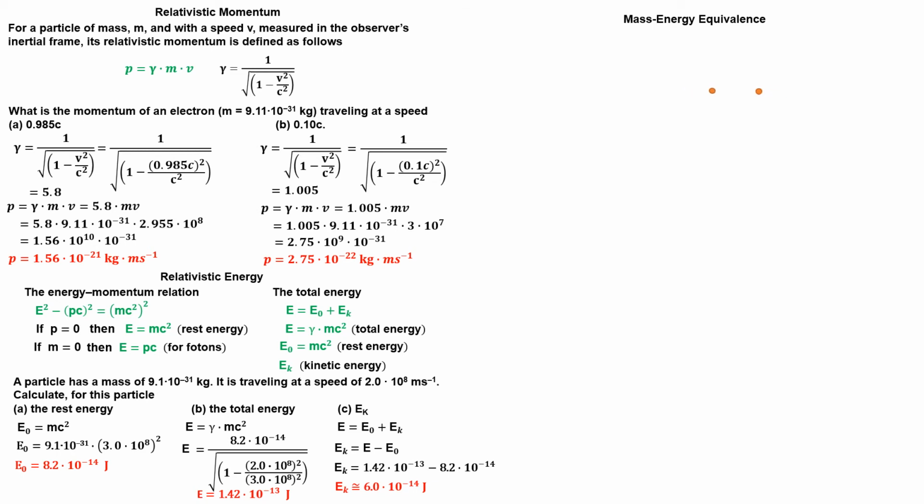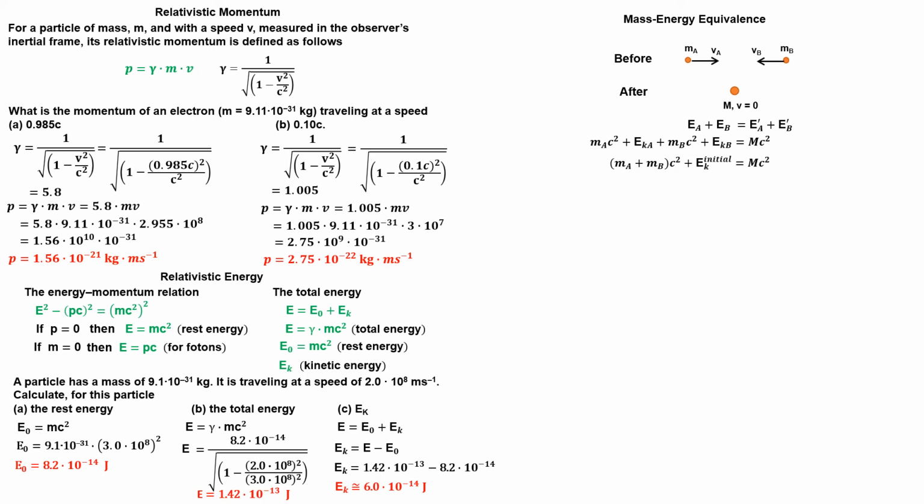They slam together in a perfectly inelastic collision to form one large particle at rest. Let's apply the conservation of energy. Rearranging the terms, we can write this as follows.